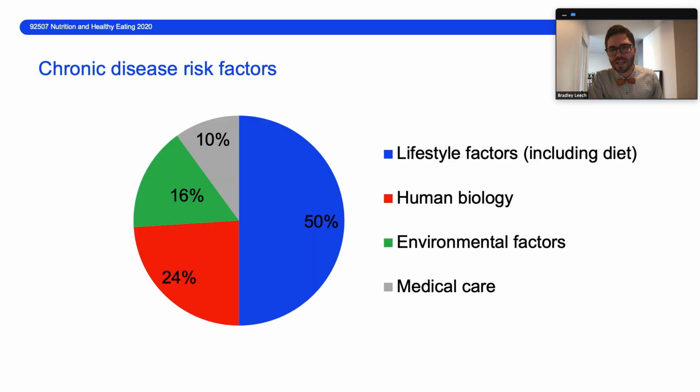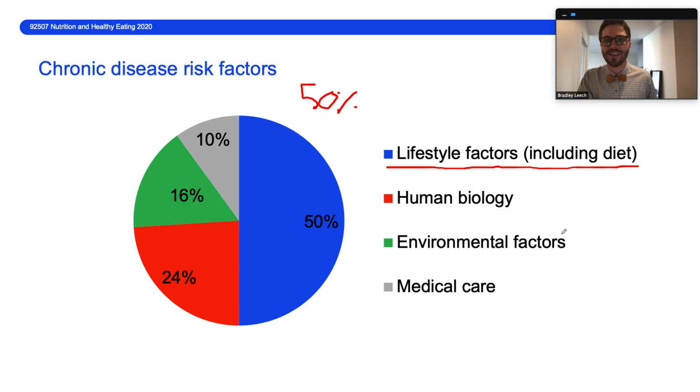So what are some of these risk factors for chronic disease? Now, isn't this surprising? Look at this. Lifestyle factors, including diet, account for 50%, that is 50%, of the risk factors for these chronic diseases. Other contributing factors to chronic diseases are human biology and environmental factors.